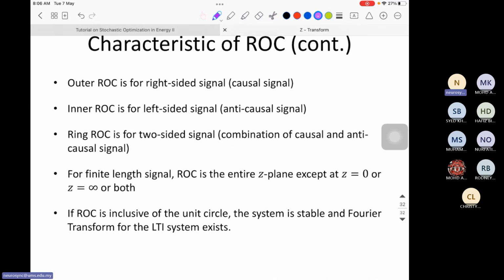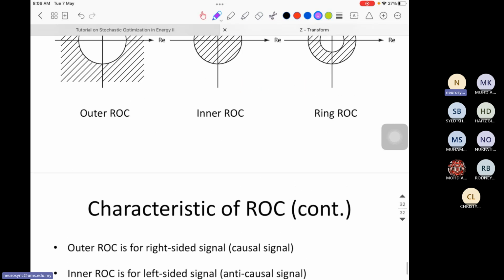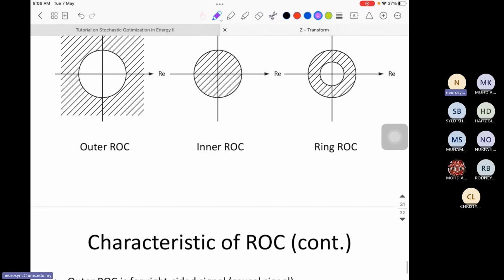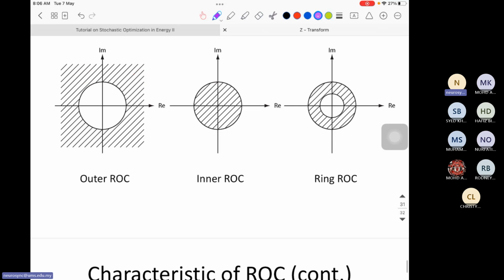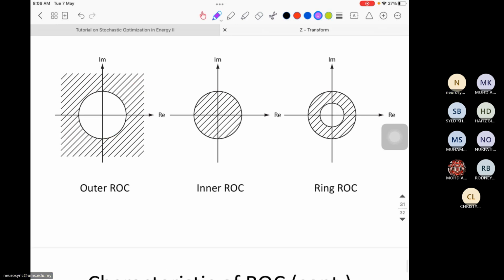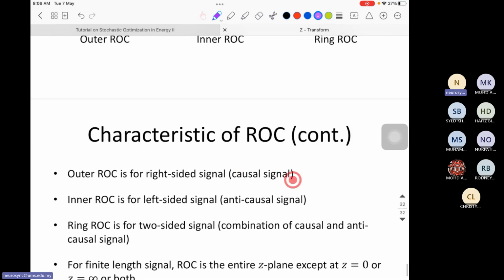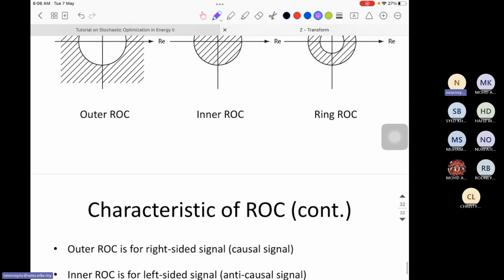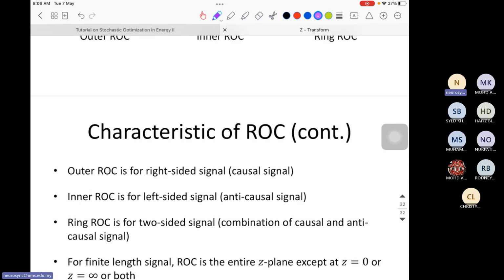The outer ROC is basically the right-sided signal, and we know that for a causal system we will get this type of ROC. Then the system will be causal. The inner ROC is the left-sided signal, and for this the signal will be anti-causal.